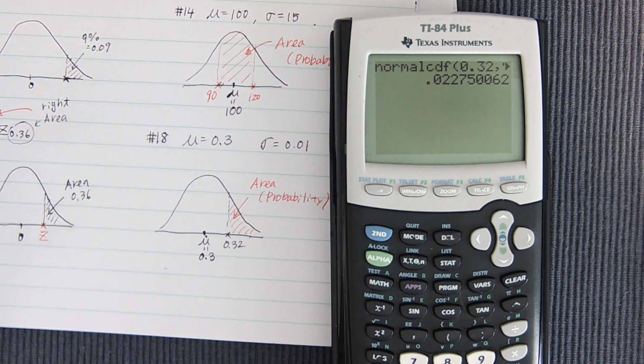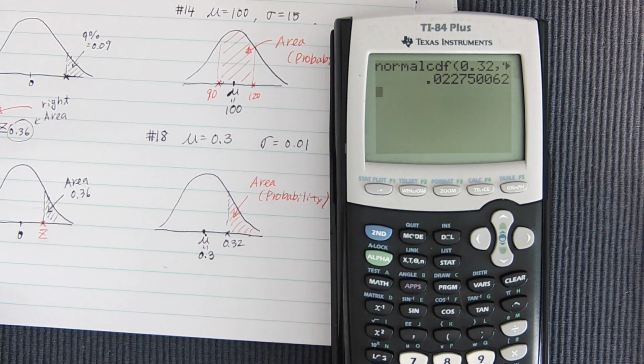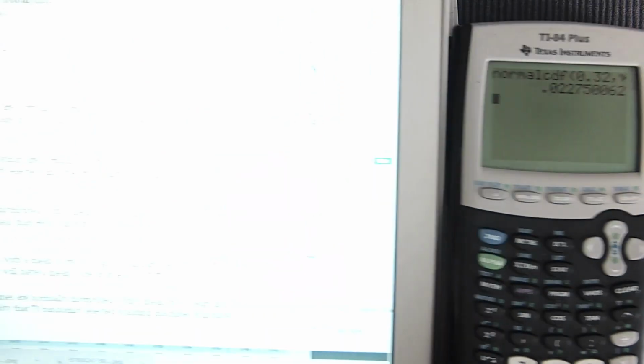So you can copy it if you need it. Any questions so far? Are you guys okay for number 18? You guys good? Everything is the same, no? Just read the question carefully.